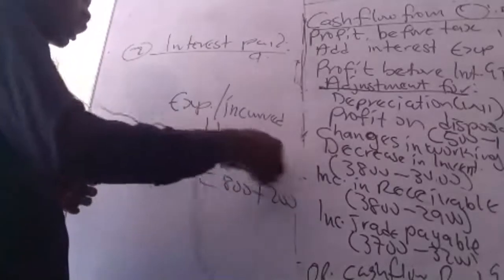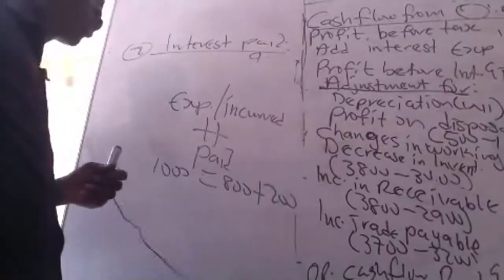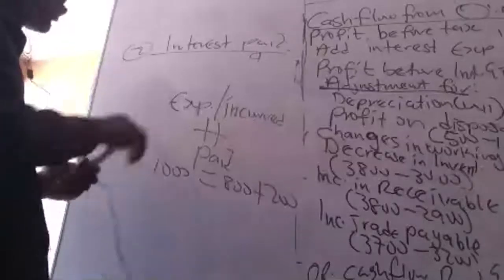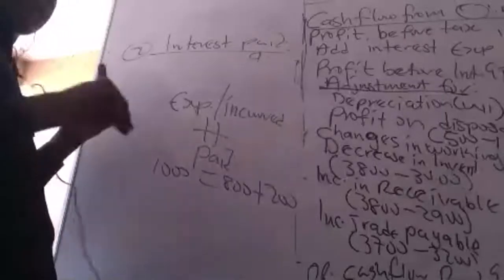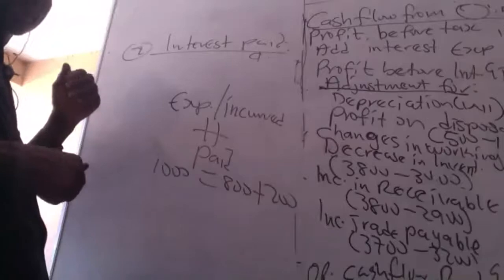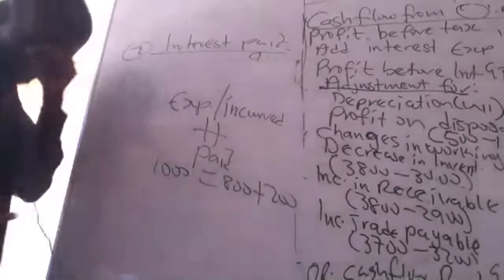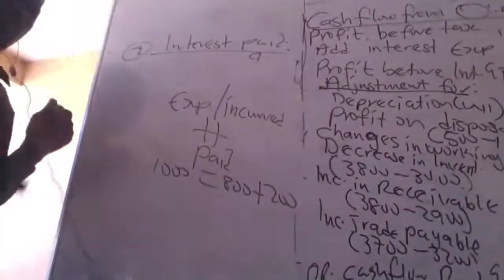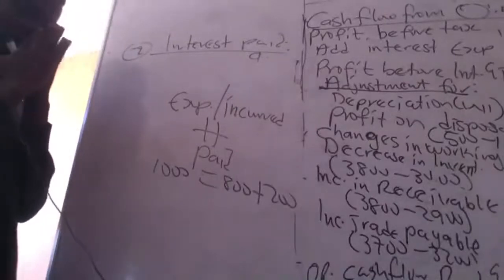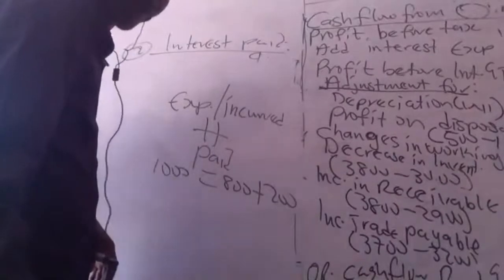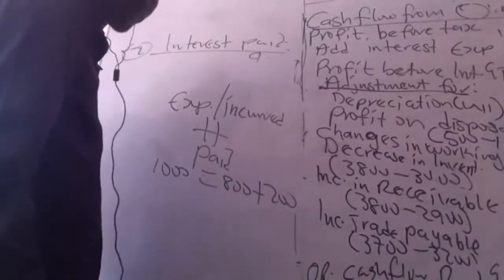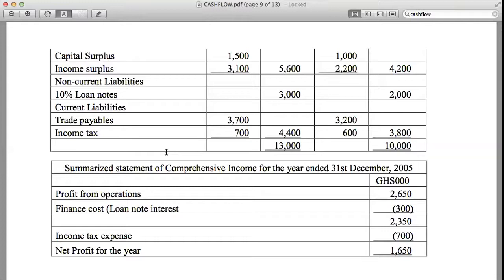Okay, so now let's go to the question. Now, how do you know that we have to use this approach or we have to massage it? It's only when there are balances on the financial statement. Sorry. Now let's go to the question. Now when you go to the question, current liability, we only see income tax and trade payable.